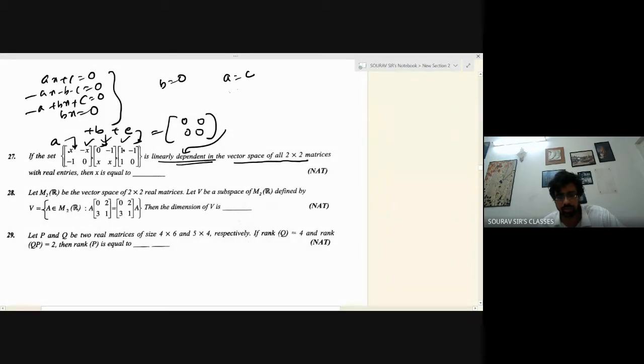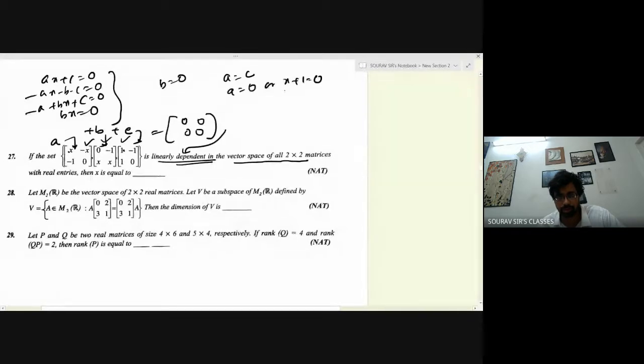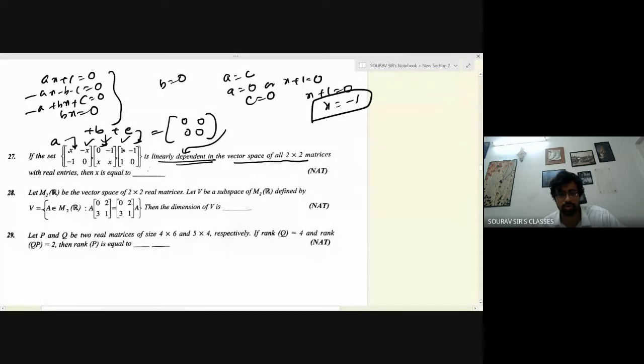So A equal to 0 or X plus 1 equal to 0. If A equal to 0, then C equal to 0 also, which is a contradiction to the fact that none of A, B, C are 0. So obviously X plus 1 equal to 0 and X equal to minus 1. So by arbitrarily taking values and taking a given coefficient, we can solve it very easily.